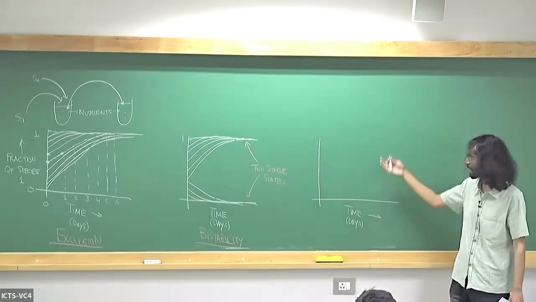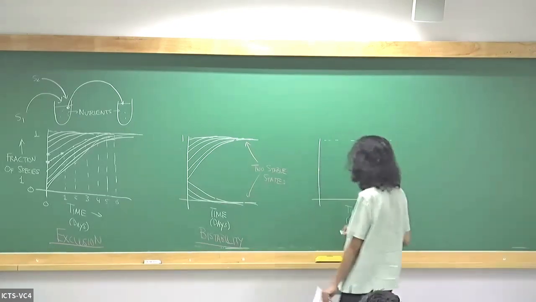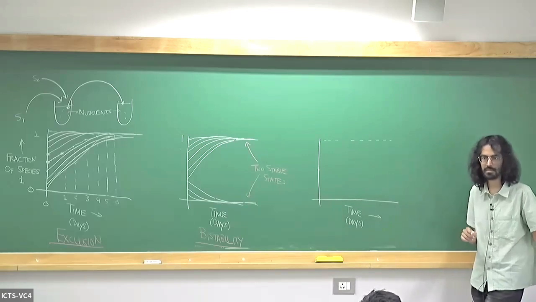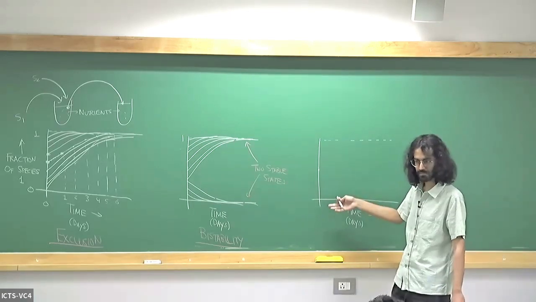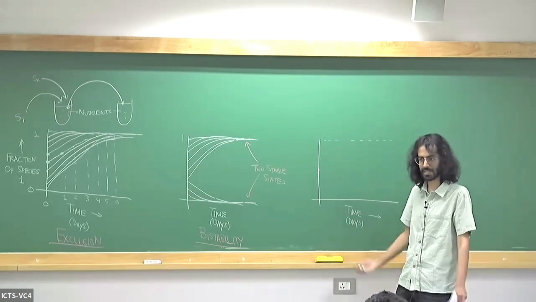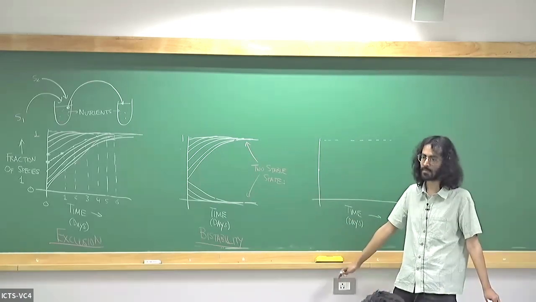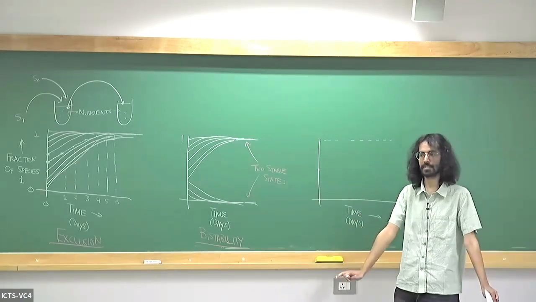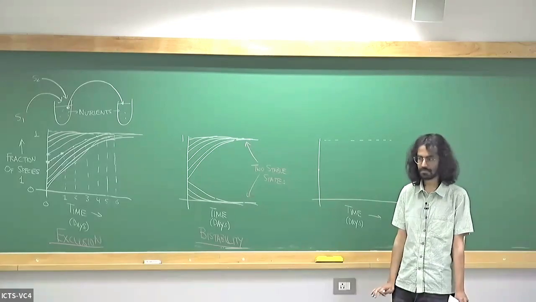I should end up somewhere in the middle. Do I have to end up exactly in the middle for there to be coexistence? No, I can end up anywhere. I could even end up at 10-90 and that would also be coexistence. Coexistence just means if you wait a very long time, both species are present at some stable fixed point.